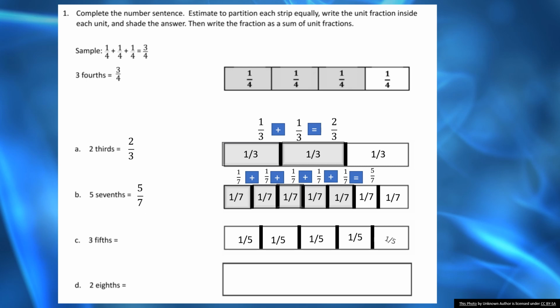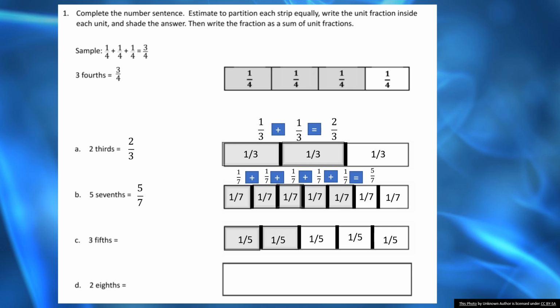And make sure we're writing 1/5 in each part. Now that you have your rectangle partitioned into fifths, you have the unit fraction of 1/5 written into each part. Now you have to shade in 3/5. So how many of these fifths are we shading? That's right, 3.